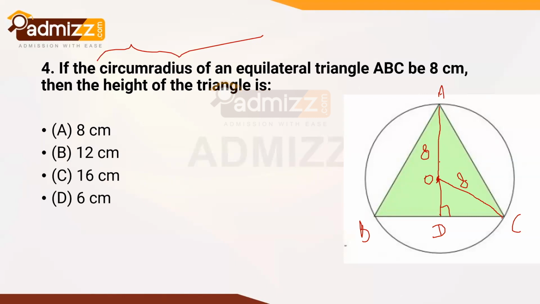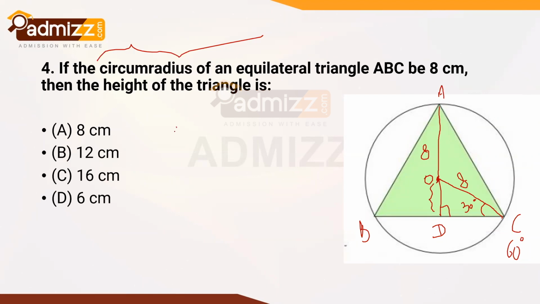We also know that this circumradius bisects this angle C. An angle of an equilateral triangle is 60 degrees, so angle OCD is going to be 30 degrees. By using a trigonometric ratio, we can find the length of this side, OD.